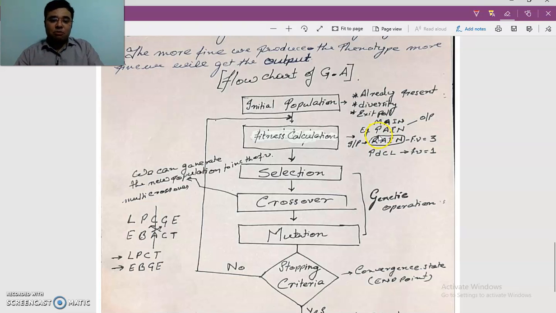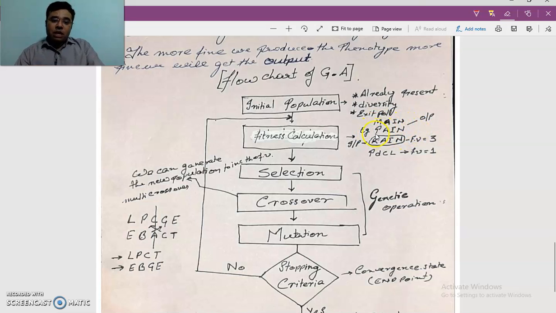For example, suppose I have an output which is PAIN, pain, right? I have an output which is PAIN, and this output I have taken from the diverse population, right? I have selected some words out of that population consisting of alphabets. I have segregated some words and put them here as an output.